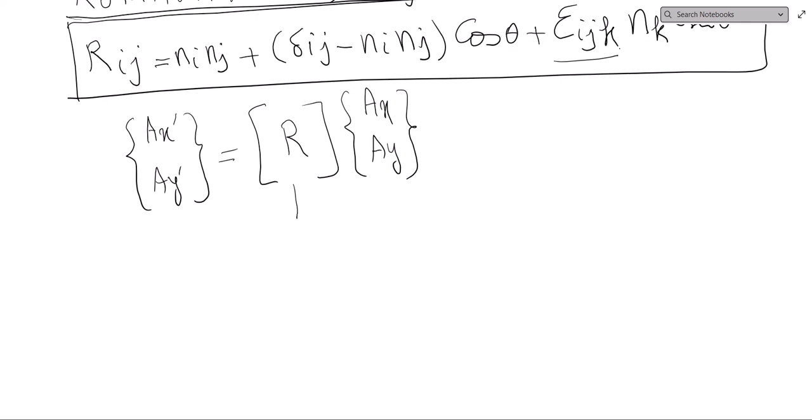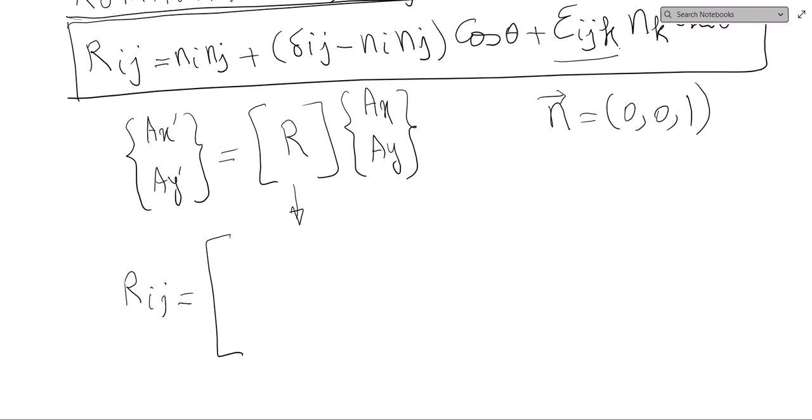First of all, let's work out R to give you some idea how these things are working. So R_ij, the first component is R11. I will write the n here again to have it handy.